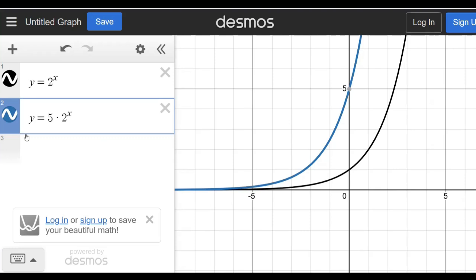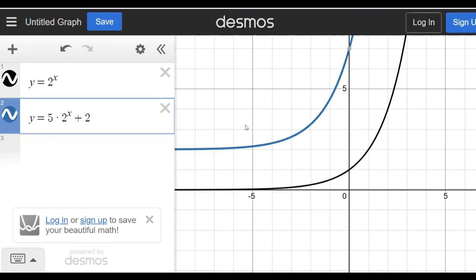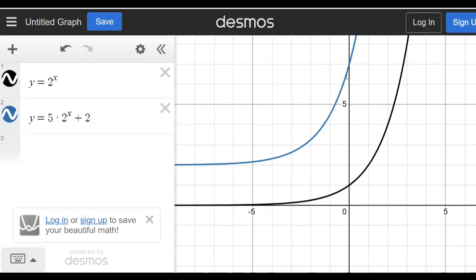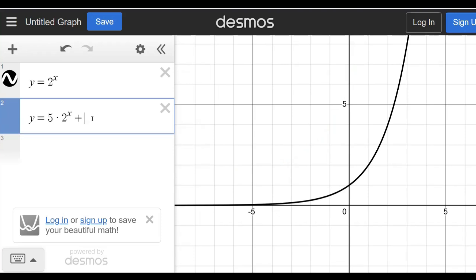And remember, we're adding k, which is 5. That's the term in front of the exponential term, plus c. In this case, there's no c term. We're not shifting the function up. Plus 2 on there. Now our intercept is at the point (0, 7) because that's the 5 plus 2. That gave us that. So let's take that out.